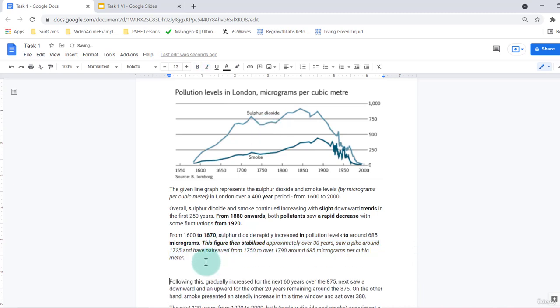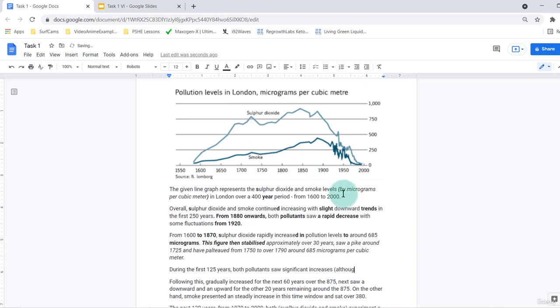For example, you could say during the first, let's say, 100 to 150 years. Let's say during the first 125 years, both pollutants saw significant increases. And then I could go in and sort of explain how much smoke kind of goes up a lot as well.